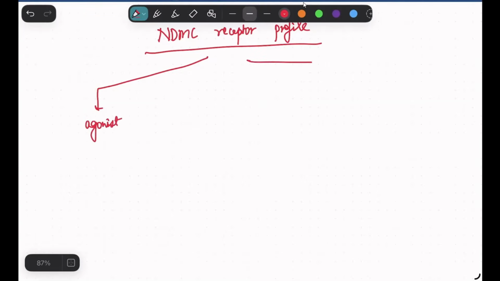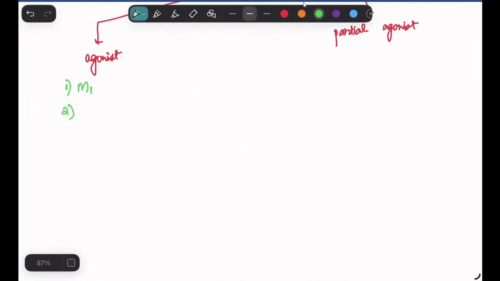So where is it an agonist? Can anyone tell? It is the M1 receptor, that is muscarinic type 1 receptor, and the second one is the delta opioid receptor. And it is a partial agonist at which receptors? D2 receptor and D3 receptor.